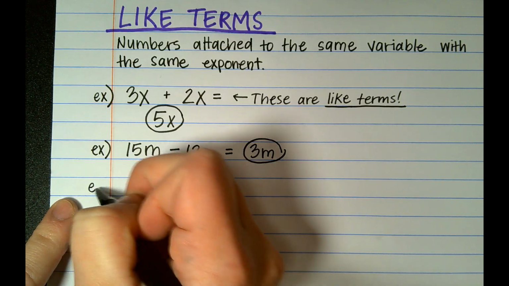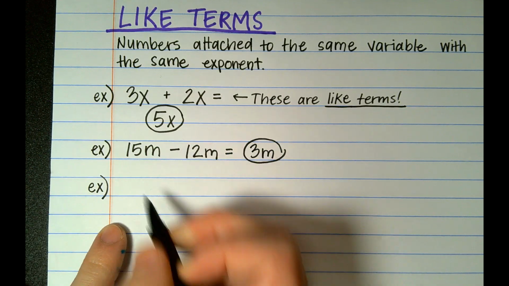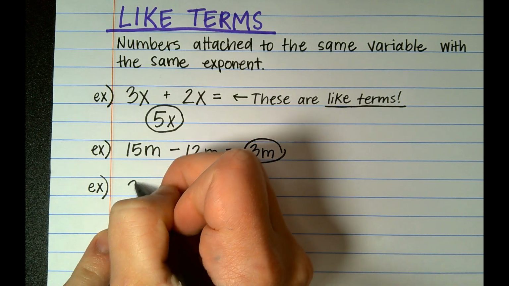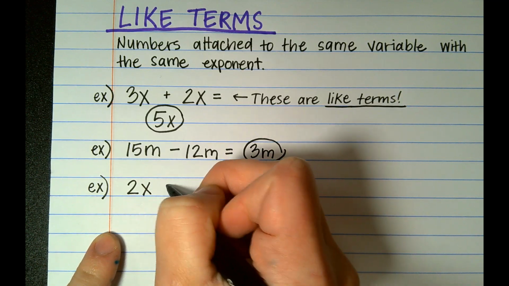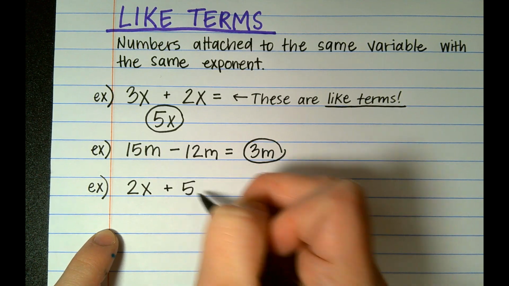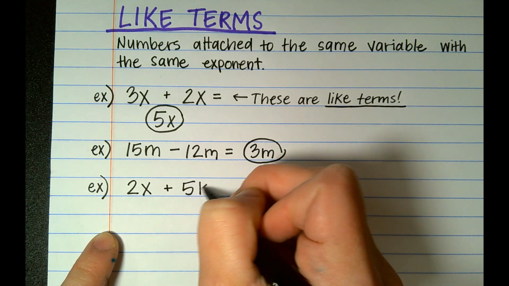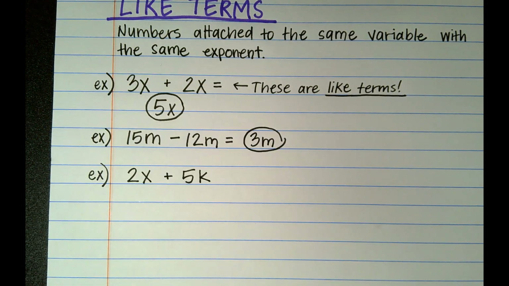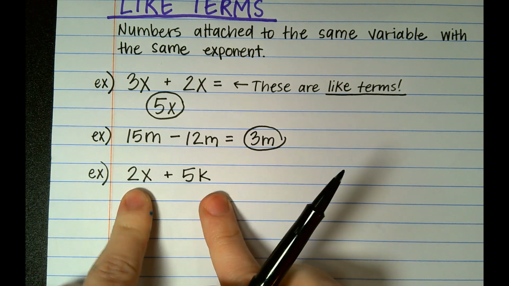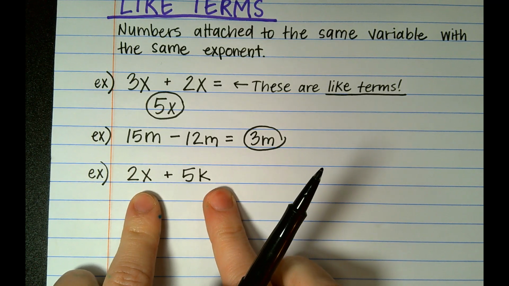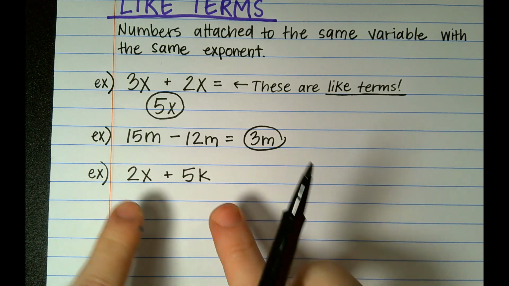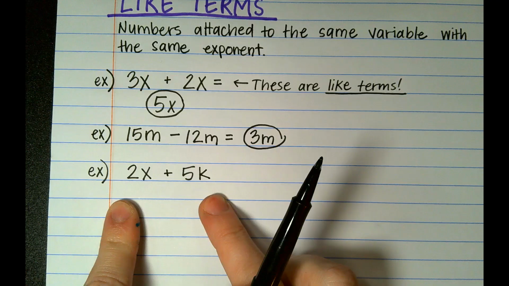Now, what about if I tried to do 2x plus 5k? Now we have a problem. This is different. These are not the same letter. These are not the same variables. So these are not like terms.